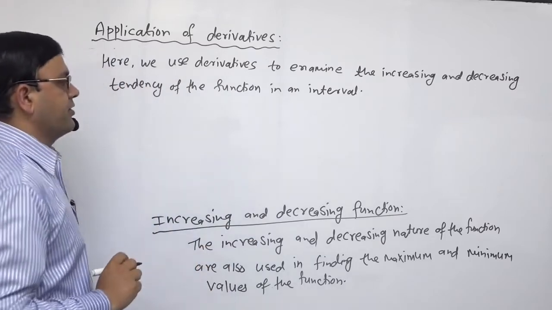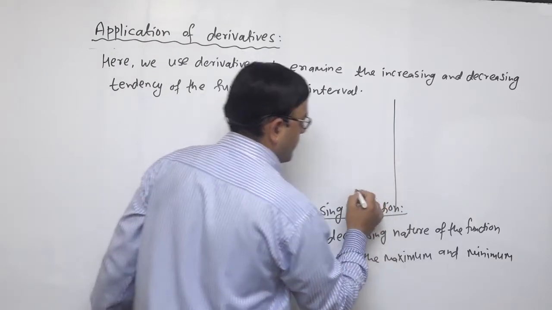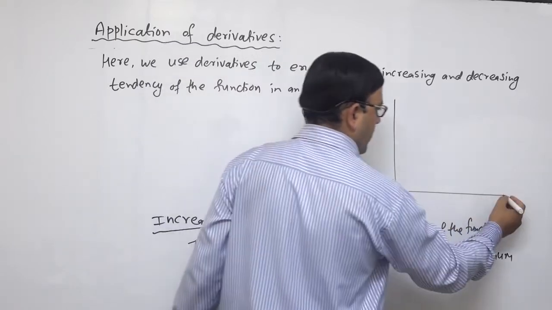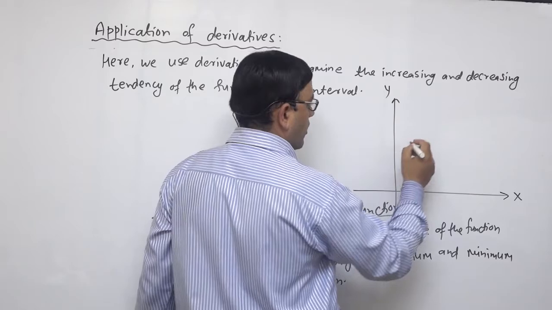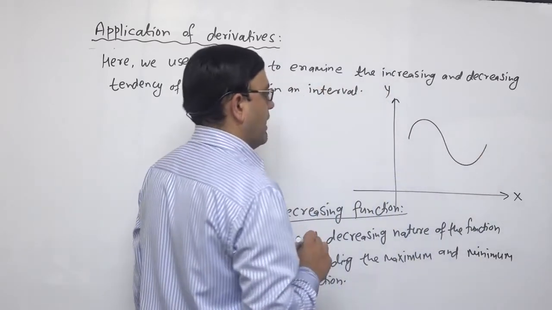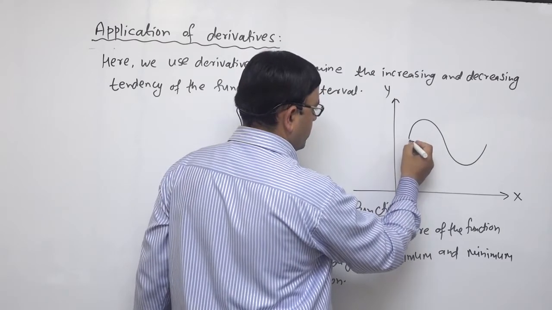Now let us discuss one graph. Let us suppose this is the x-axis and this one is the y-axis. Suppose a curve is like this. We can draw here.